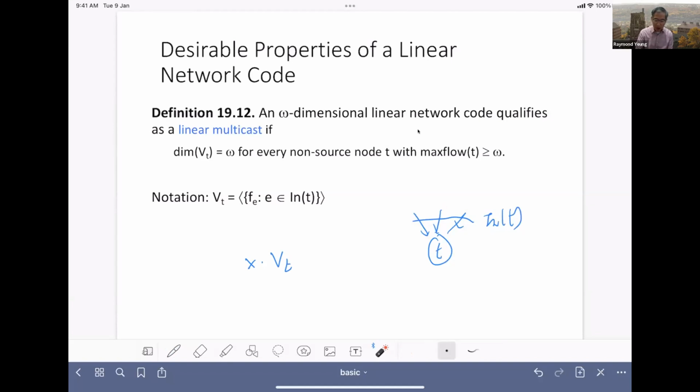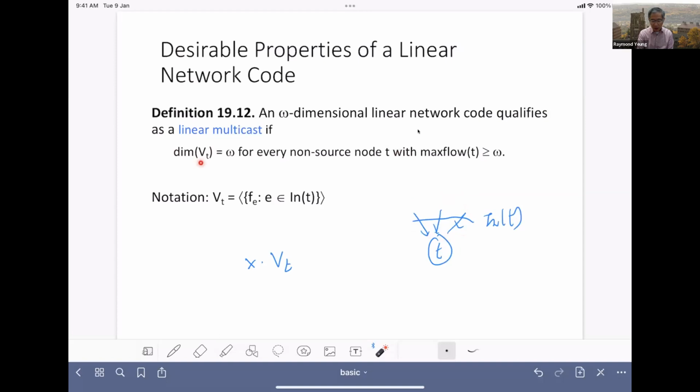We don't distinguish a sink or a non-sink. T can be any non-source node. So dimension VT equals omega means that this linear transformation associated with the input channels is full rank.